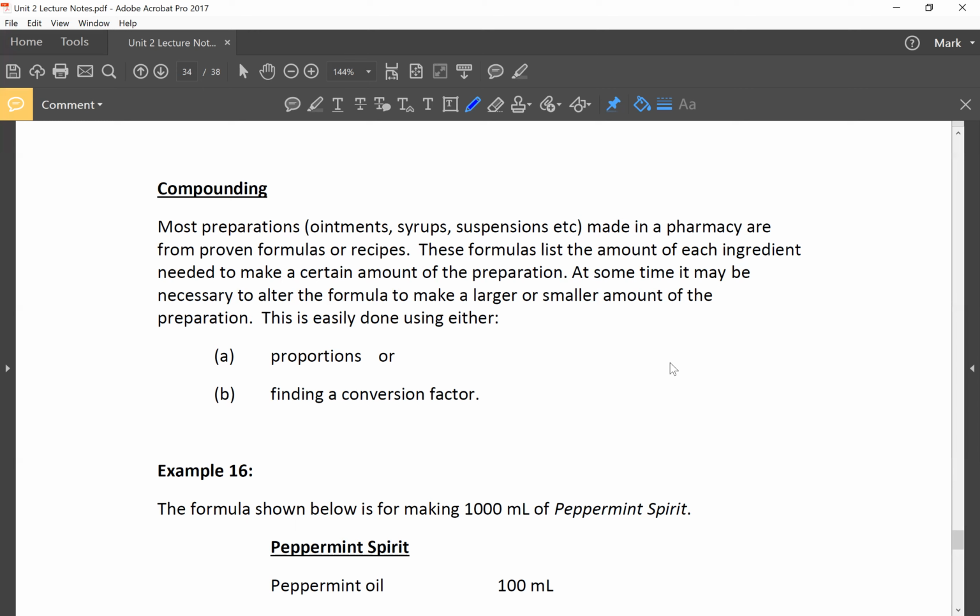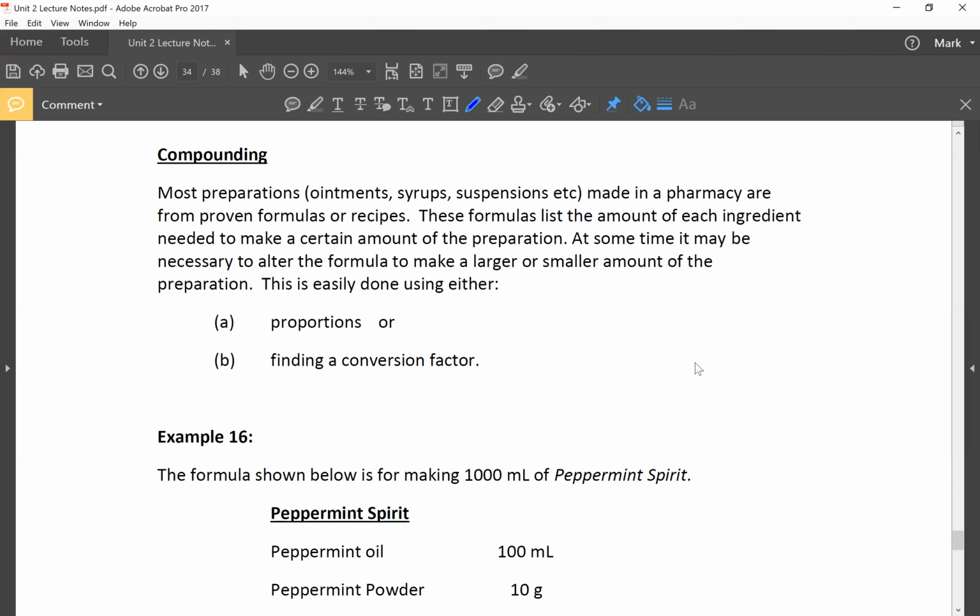However, you might need to alter the formula to make a smaller or larger amount. You can do this using proportions or a conversion factor. And again, if any of you like to cook or bake, this is exactly how you change a recipe. If you ever see something that you want to double or halve, this is what we do.